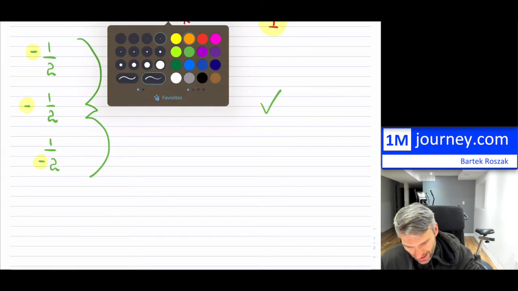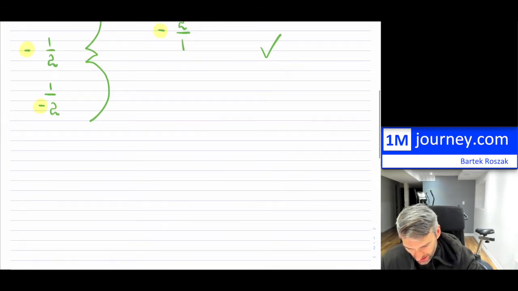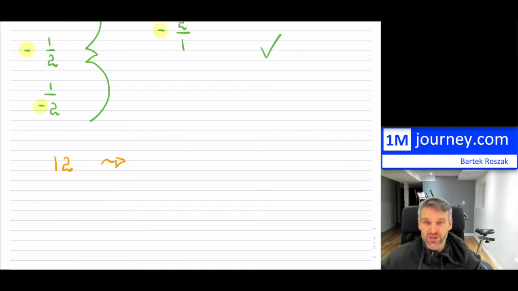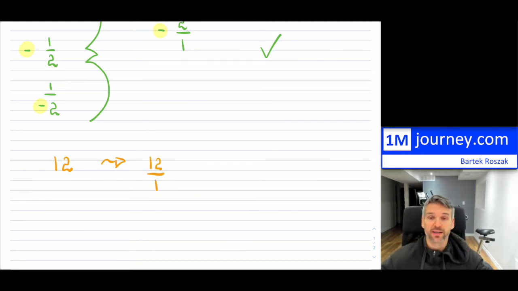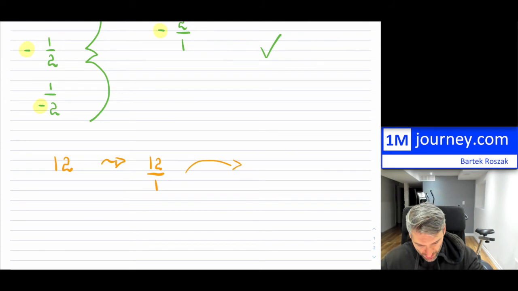Another thing that can happen is that sometimes what you are given is an actual whole number or an integer. So let's say somebody gave you the number 12, and then they ask you, what is the reciprocal of 12? And sometimes students will say, well, there's no numerator and denominator here. Well, don't forget that any whole number or integer can be written as a fraction, which is simply just 12 over 1, which means that the reciprocal of this would have been just 1 over 12.